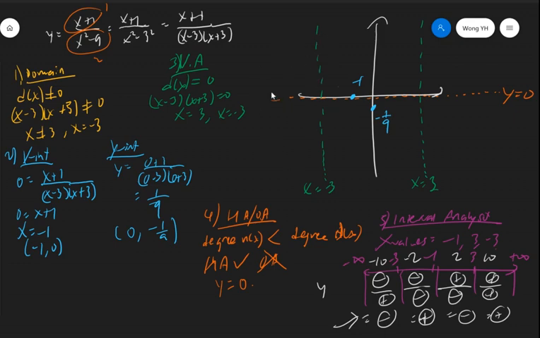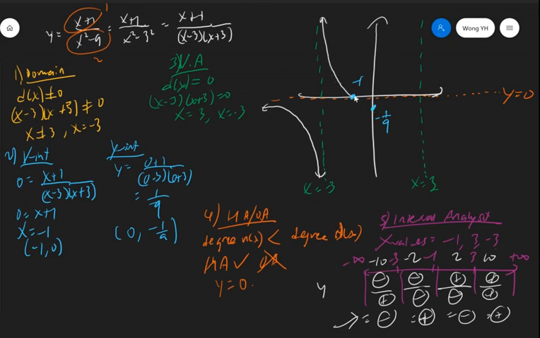It's negative, something below the x-axis, so somewhere here. The graph approaches the two asymptotes, so we'll draw something like this. The second interval is minus 3 to negative 1. You see a plus, so it must be above here.